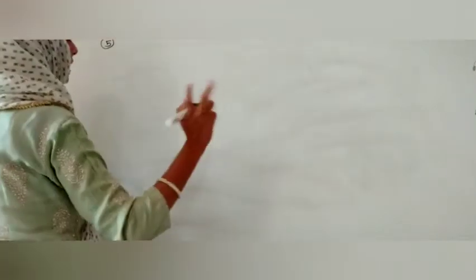You can see the empty board, but here question number 4 is cancelled out. We have to directly do question number 5. While you are reading the question, they are giving that Shefali's marks in mathematics and English both together are 30.